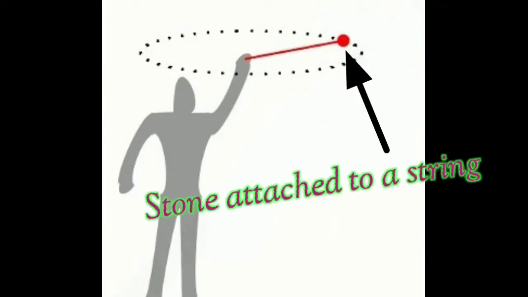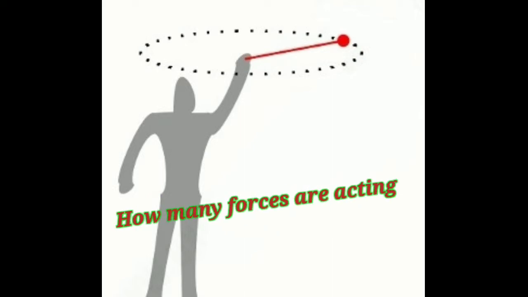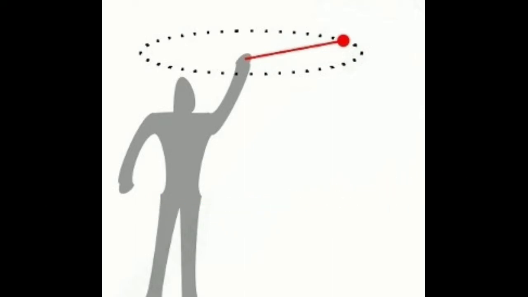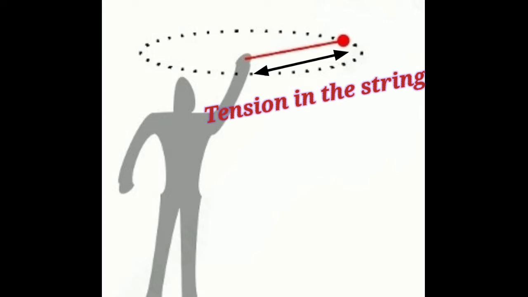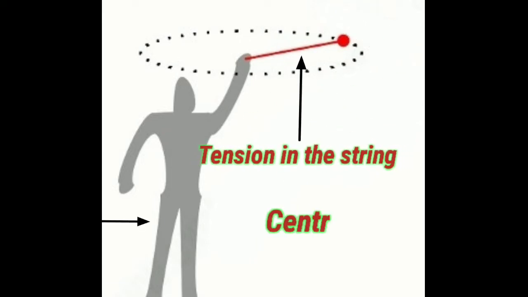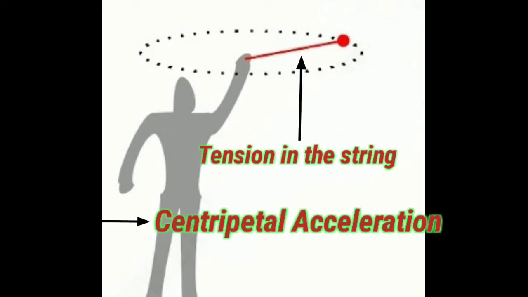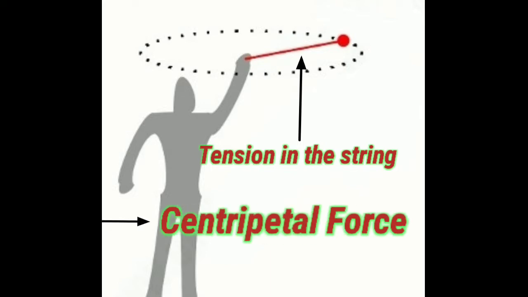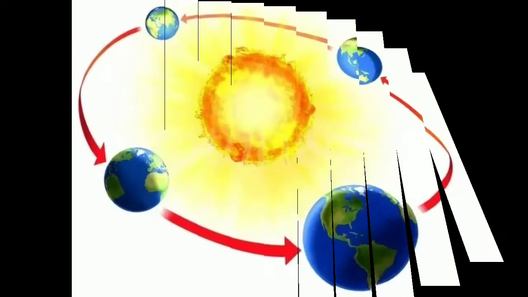Let's take an example. Here's a ball rotating a stone attached to a string. How many forces are acting on that stone? There's obviously gravitational force, and then there's a tension in the string which is holding the stone in its path and causing it to move in a circular path. So here, the tension in the string is providing the centripetal acceleration, and hence the tension in the string is the centripetal force in this example. Just like this, we can take many examples, like the motion of planets.